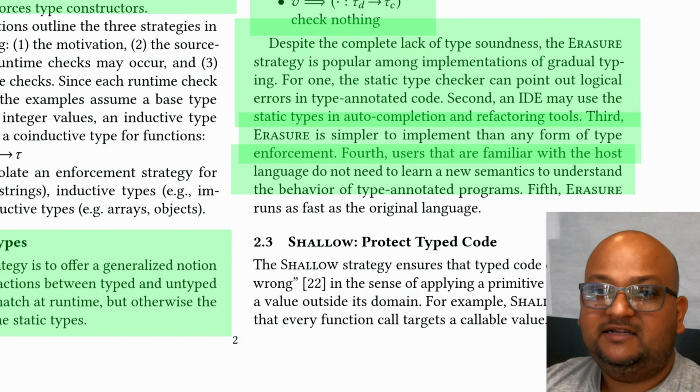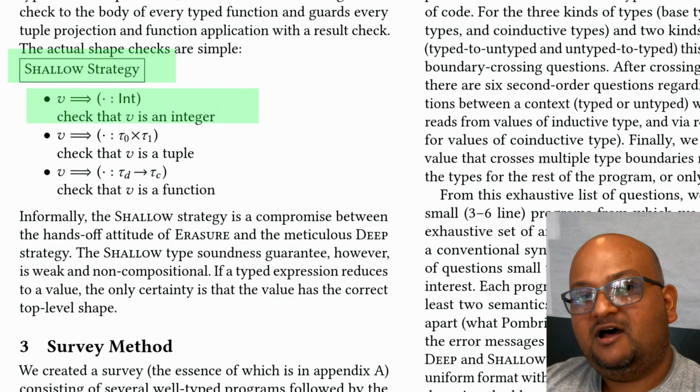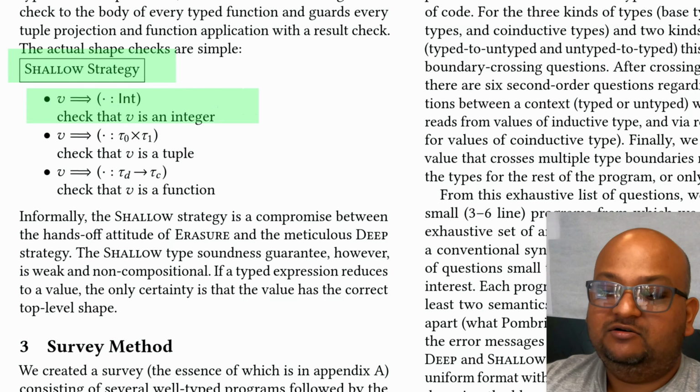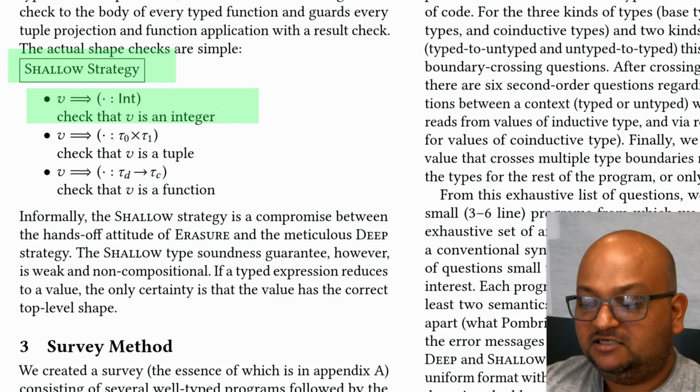And then we come to the third strategy, which they call shallow. And shallow is midway between the extremes of deep and erasure. It basically checks that values have the right shape, not necessarily the right type. So if a value goes into a context expecting an integer, you do check that it's an integer.